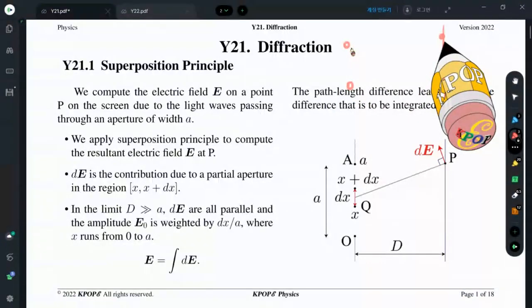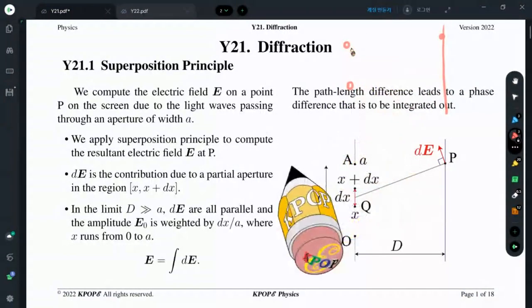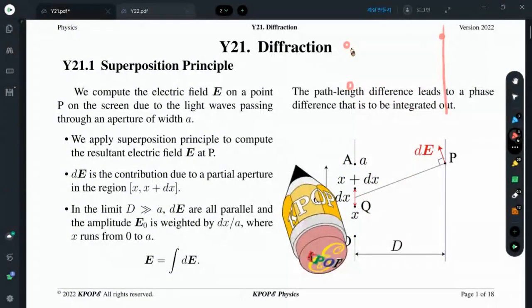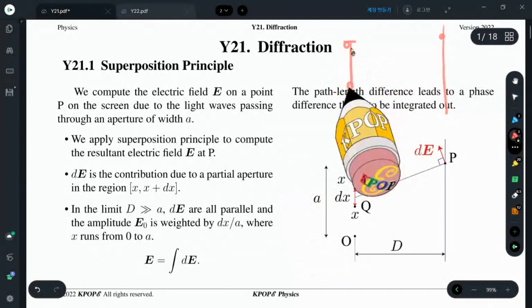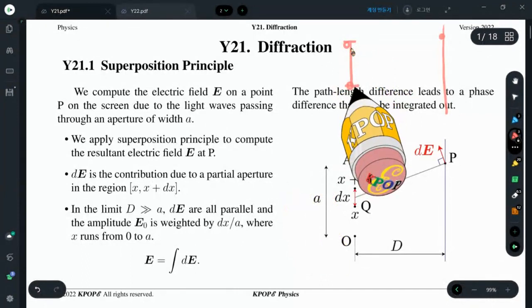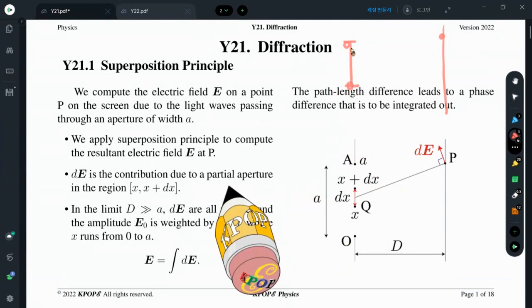And today, we consider the interference pattern due to the diffraction of light passing through a finite width of aperture.